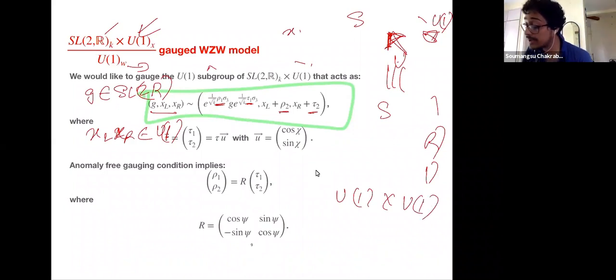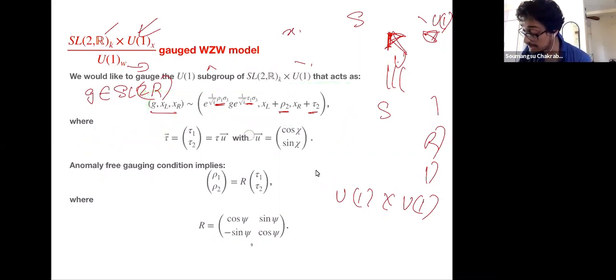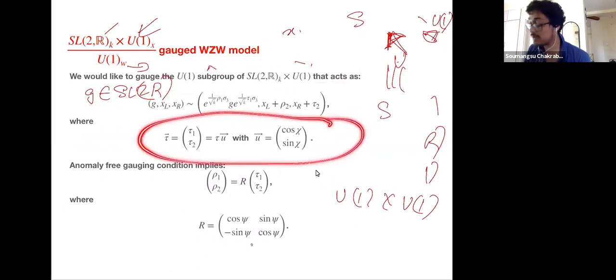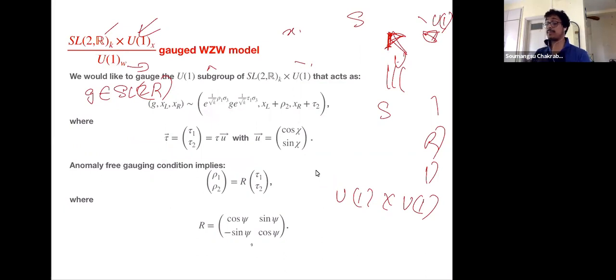So I have to tell you how these taus and rhos are related. What I do is that I declare that tau 1 and tau 2 are related in this way, in this equation, and the chi's are some given numbers. You are given chi's once and for all, and that fixes the dependence between tau 1 and tau 2.